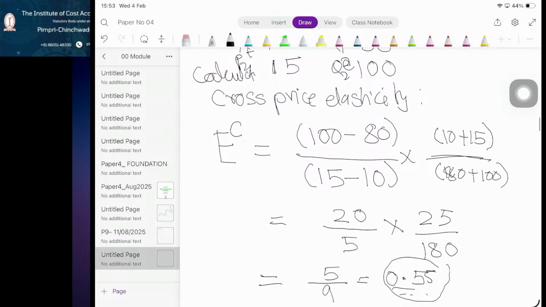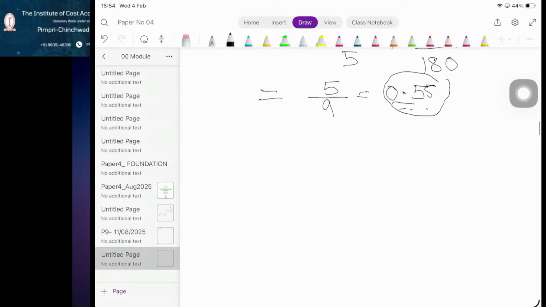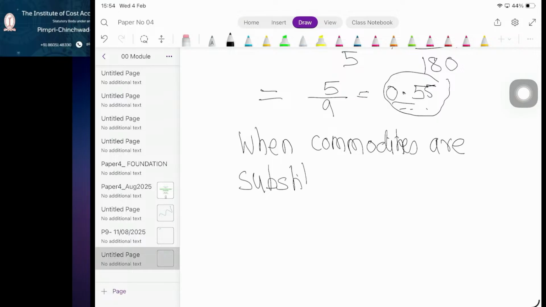Did you get this? Okay, just remember one thing. When commodities are substitutes, the cross price elasticity is positive.